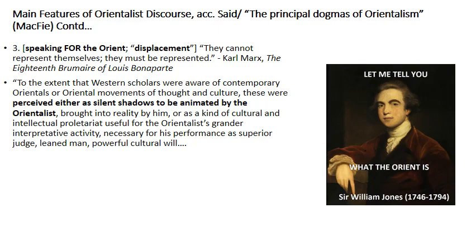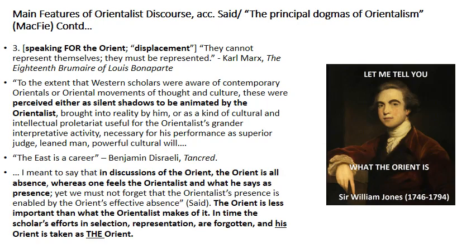So the Orientalist has this kind of Olympian gaze. The Orientalist understands the Easterners' culture and religion better than they themselves do. That is the kind of suggestion, all right? Grander interpretive activity necessary for his performance as superior judge, learned man, powerful cultural will. The East is a career, as Benjamin Disraeli says in Tancred.